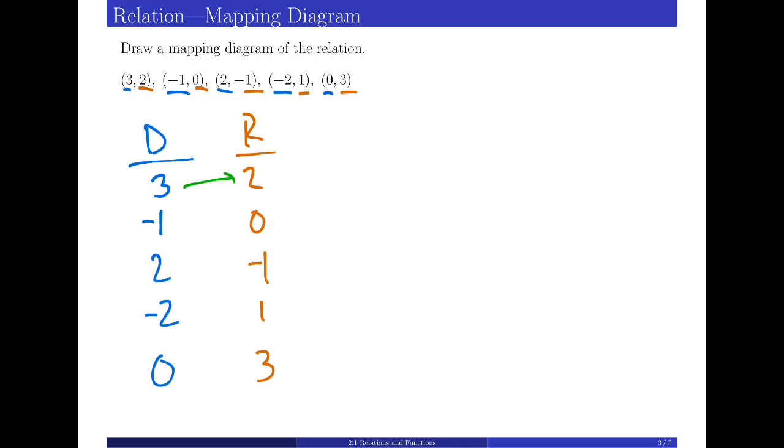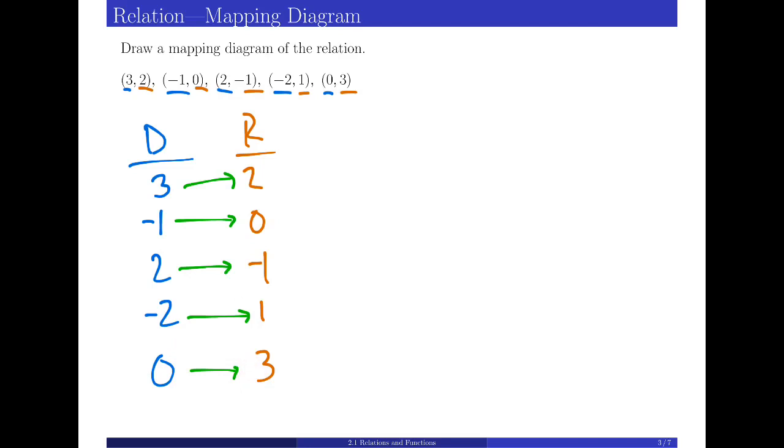So 3 maps to 2, -1 maps to 0, 2 maps to -1, -2 maps to 1, and 0 maps to 3. Looking at this, we can pretty easily determine it is a function, because each input only goes to one output.